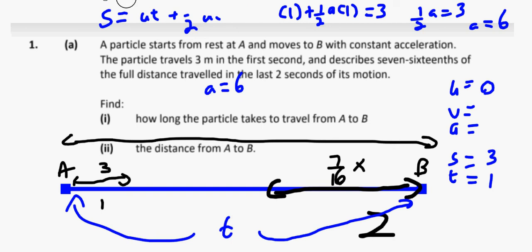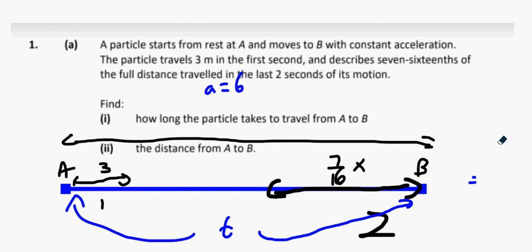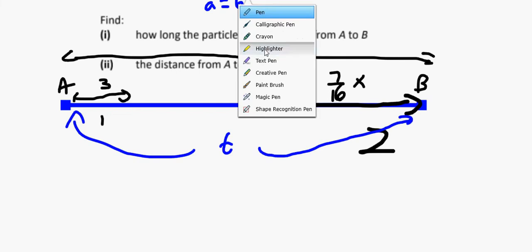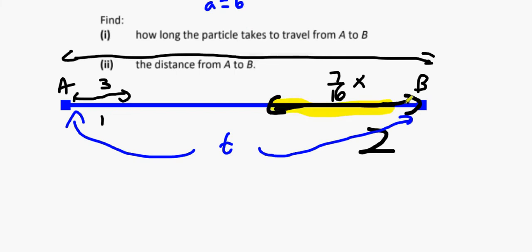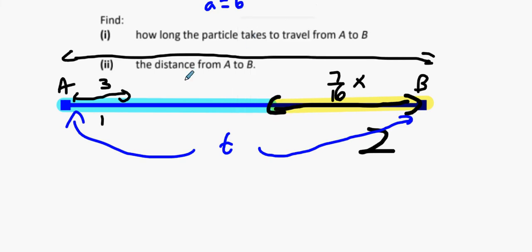Okay. Now, here's what I'm thinking about doing here. Instead of using 7/16, which is this distance here, in 2 seconds, what I'm going to use is this distance here, and this blue distance is 9/16, I'm hoping.